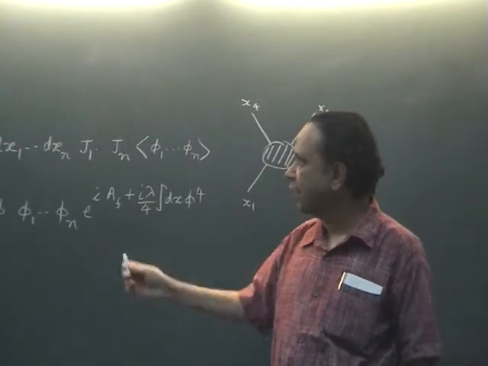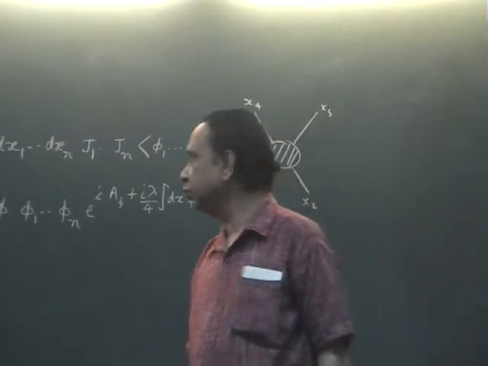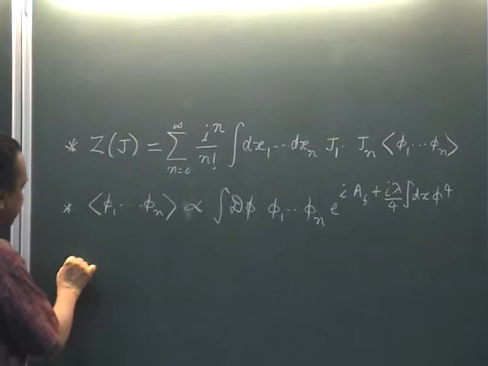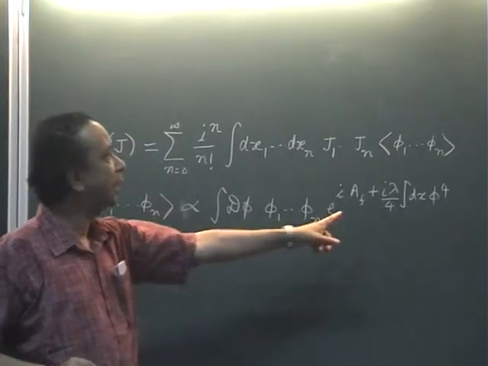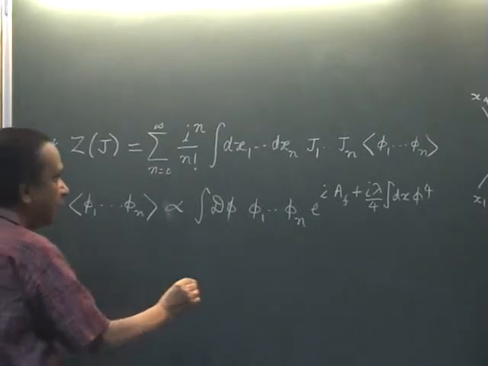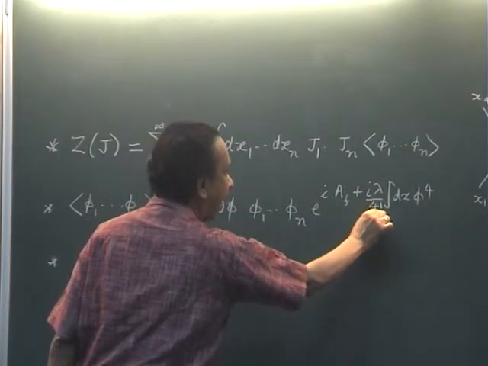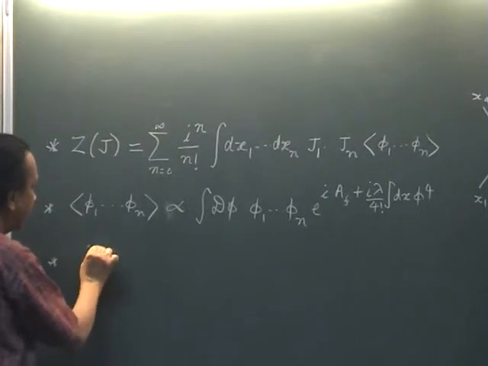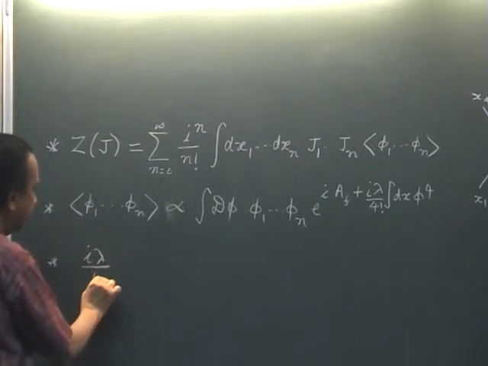So let us first look at it in linear order. So if you are doing it in linear order, what we want to compute is, here you are retaining only up to linear order. So you will just have i lambda upon 4 factorial.